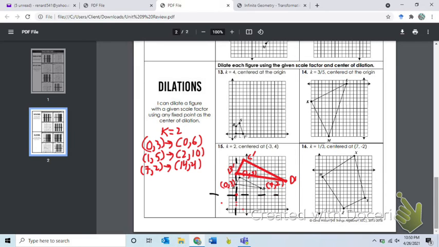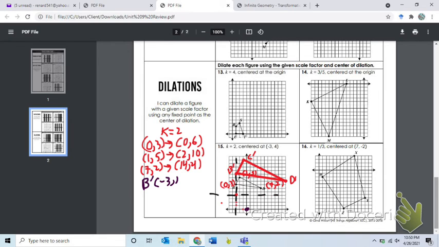Hey, Cleo. It's number 16. I'm going to do this for you, too. So it's centered at (7, -2). So some of these you might be asked to then find the actual point.